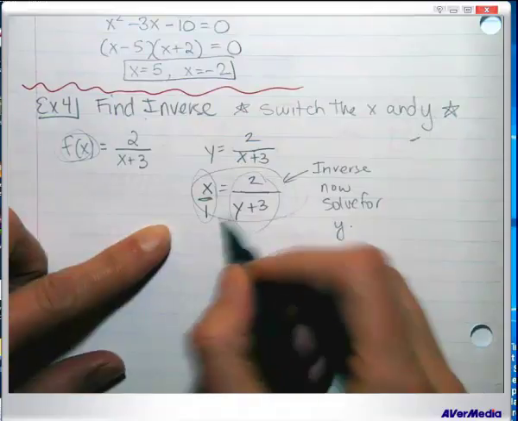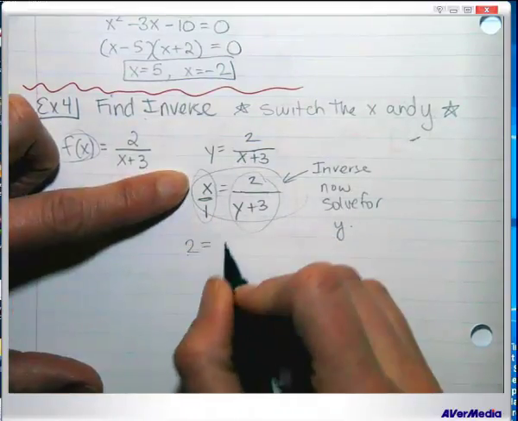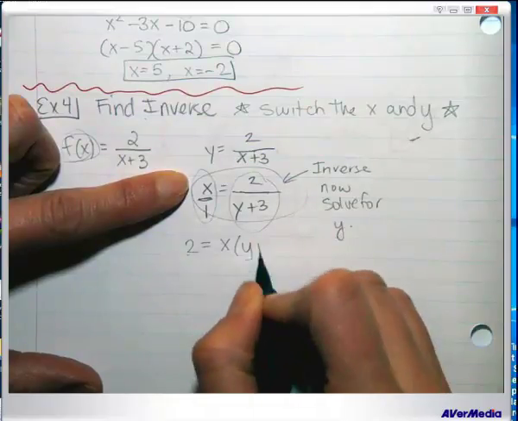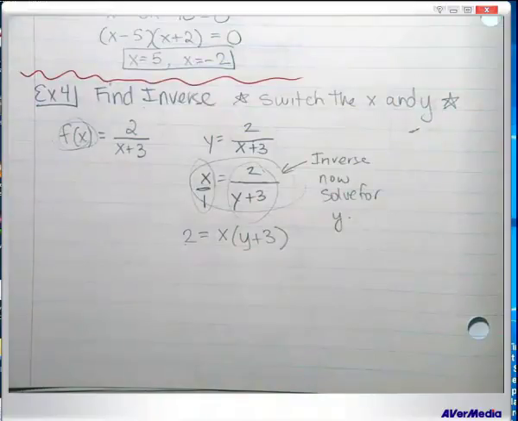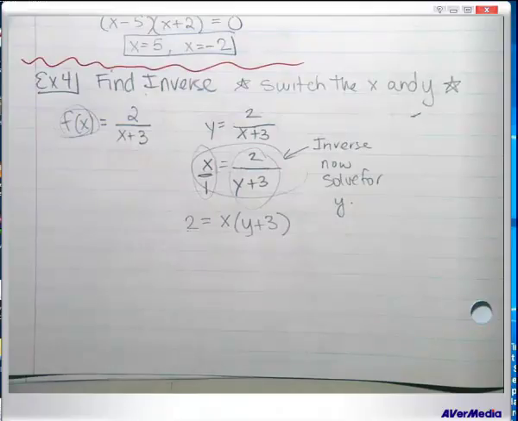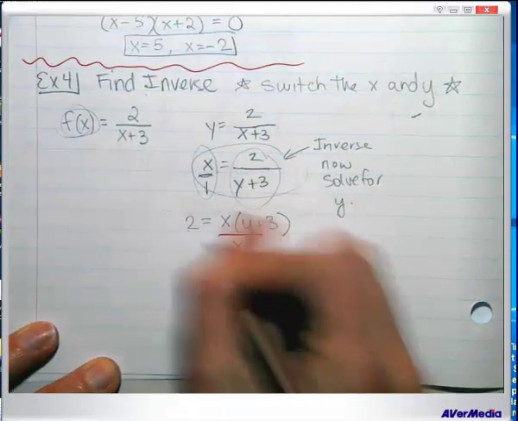And so I'm going to multiply, get 2 times the 1 is 2, and then x times y plus 3. The trick here is don't actually distribute that x in, because we are trying to solve for y. I actually want to get rid of the x, and I want to get rid of the 3 from this side. And so the next step, because it's x multiplied by this stuff, is to divide by x.